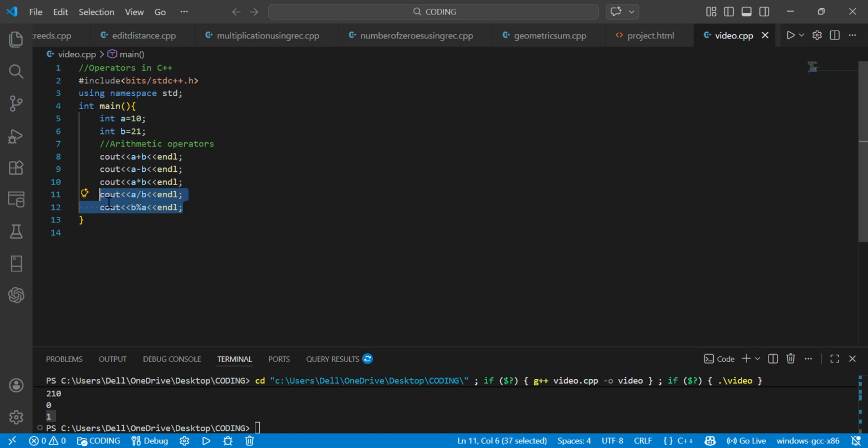There is another operators also, that is increment and decrement operators. Increment and decrement. So what are these?